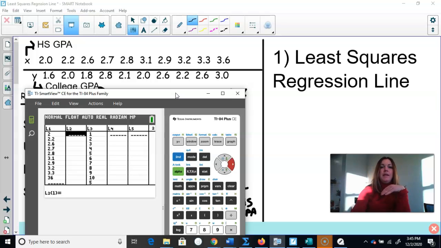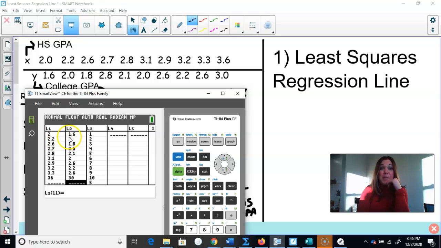Then I want to go over to the Y and type that in: 1.6, 2.0, 1.8, 2.8, 2.1, 2.0, 2.6, 2.2, 2.6, and 3.0.